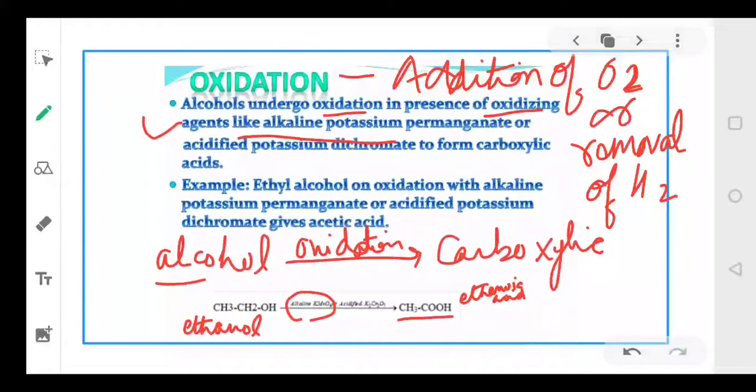Alkaline potassium permanganate or acidified potassium dichromate. These both act as oxidizing agents, the substances which give oxygen to other substances, right?